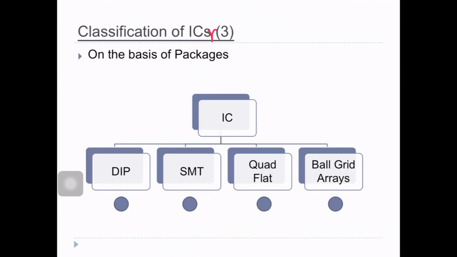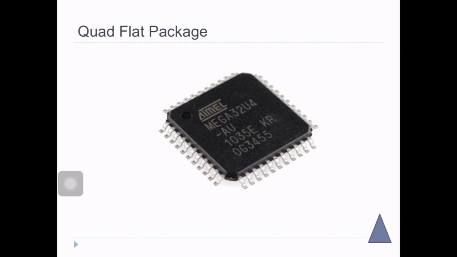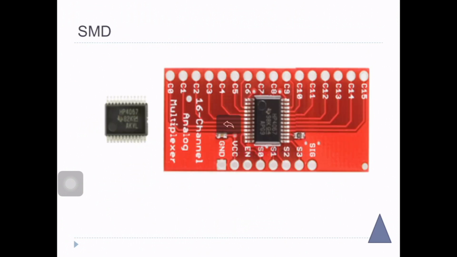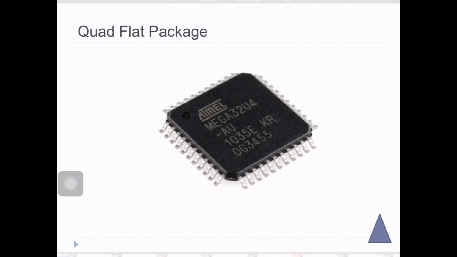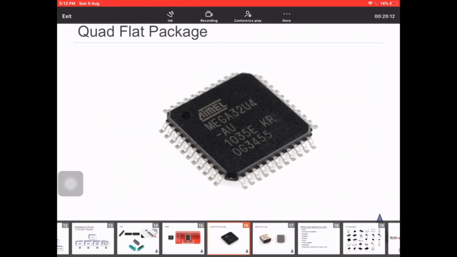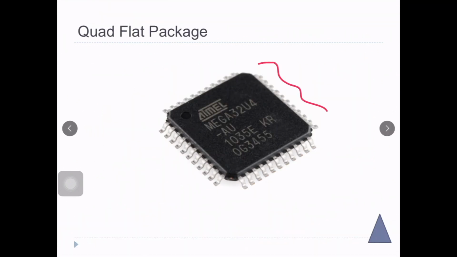Next is the quad flat. Quad flat type of packages like this. This is a square type of IC with the pins or the interconnections provided on all these sides. As you can see, on all 4 sides the connections are provided in the quad flat package.